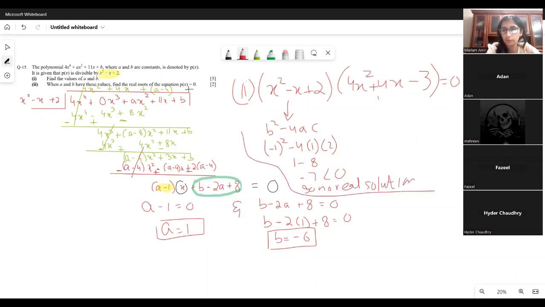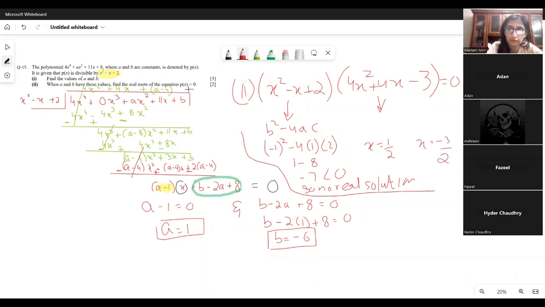And for the other one, we'll probably get a real solution. I'm going to check that with my calculator. A is 4, B is 4, C is minus 3. So I'm getting x equals half and x equals minus 3 over 2.